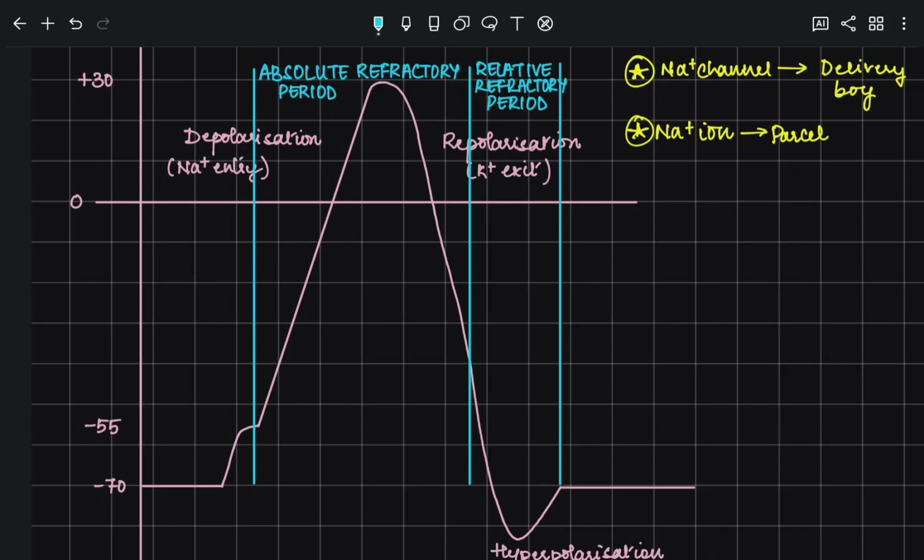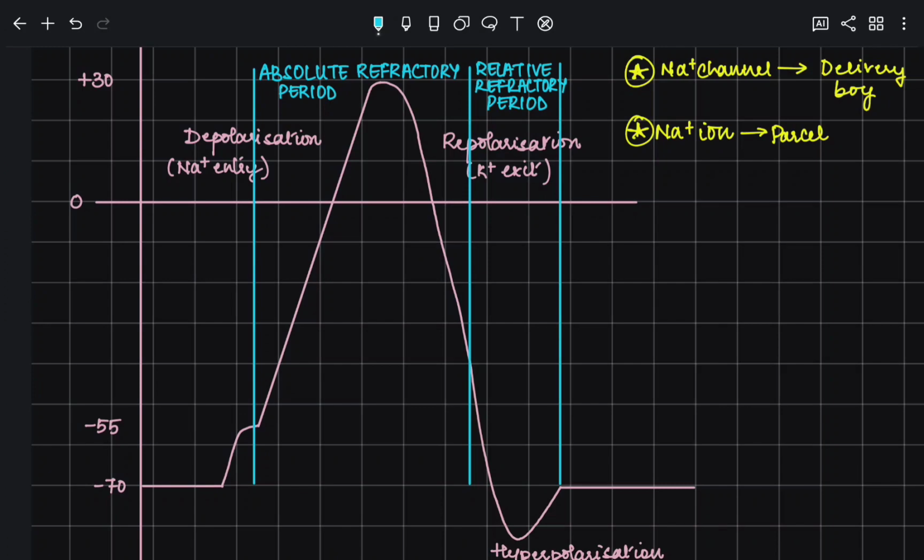Therefore, if they were using a car before, you give a higher stimulus, you give a truck right now, so that they can carry more sodium along with themselves, such that in one ride itself, they can deliver more boxes.